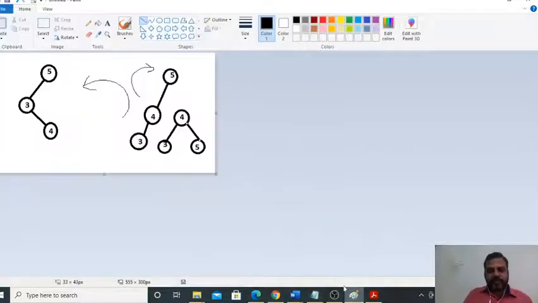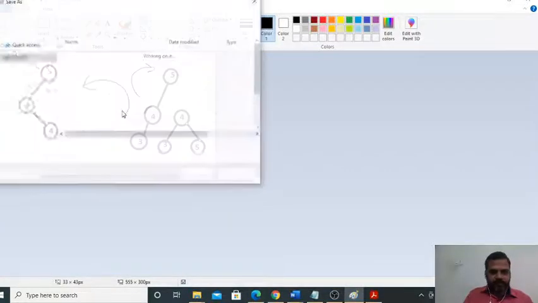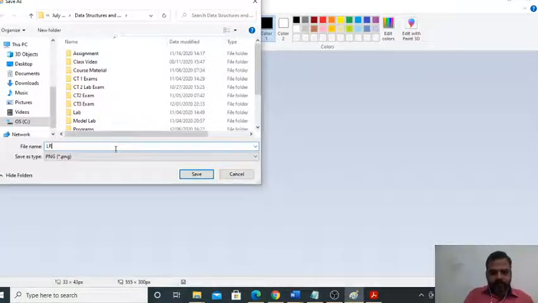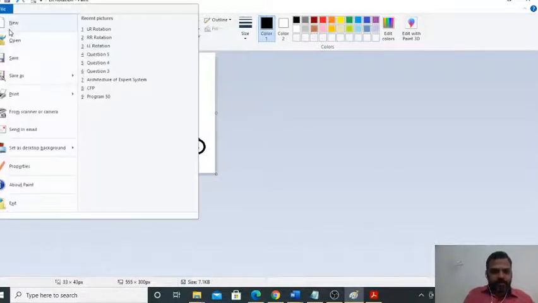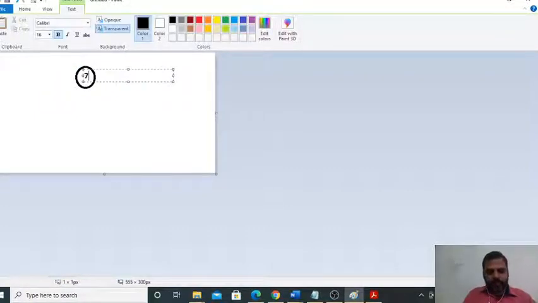For this also we can see the example. Previous thing is LR rotation. Now we are going to see RL rotation. The value be 7.